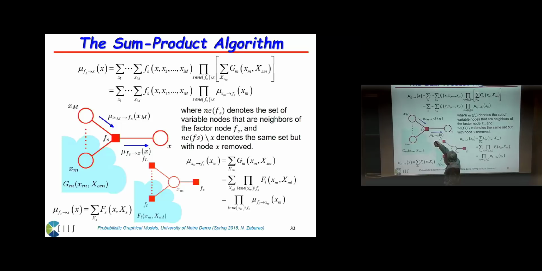And this message, remember, came by eliminating these factors on each of these terms. When you multiply this factor times these messages, you have to integrate the variables x little m to x capital M out. So what is left is a function of little x, and that's the message from a factor to a variable node little x.